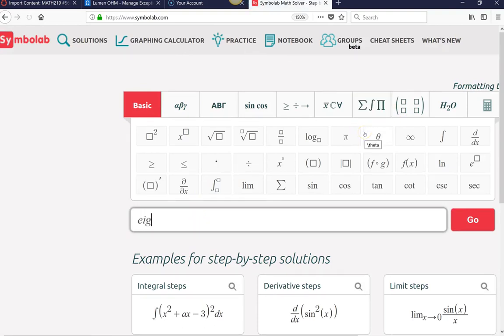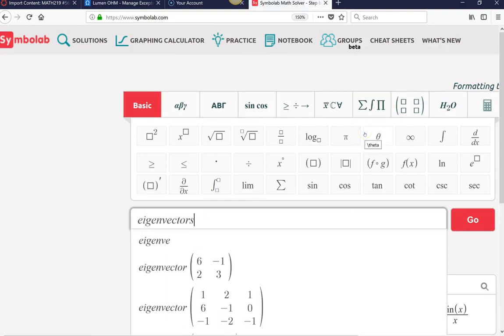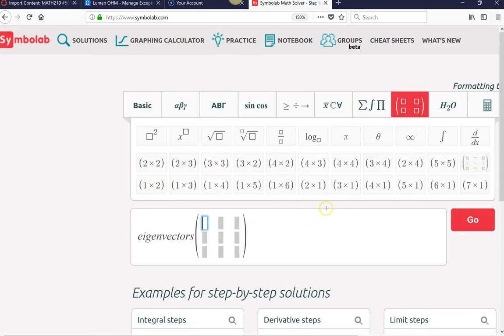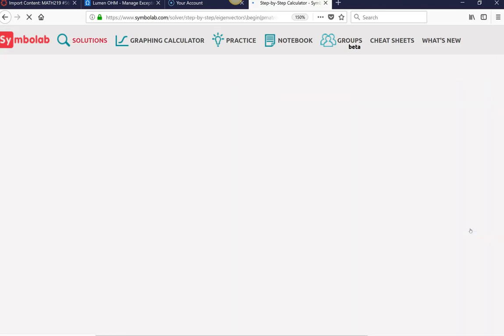Okay. So if I go into eigenvectors, somebody please give me the matrix. 9, 0, 5, -6. Okay, so we go in here like this, press go.